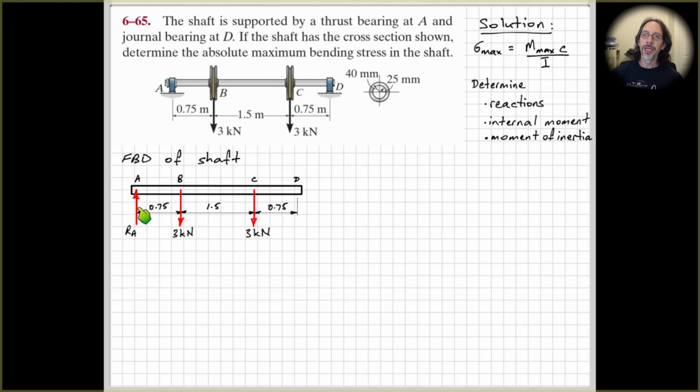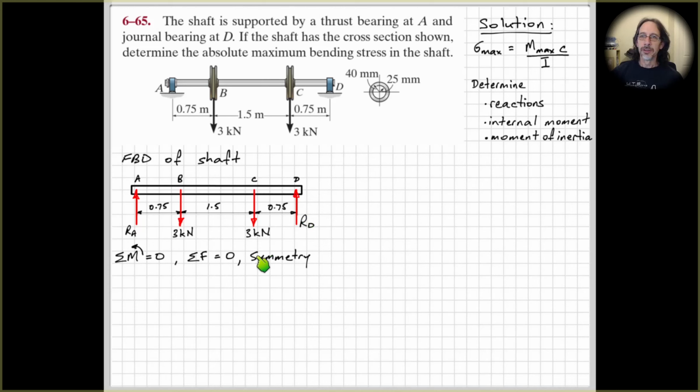We have a vertical reaction at A. If we take moments about point D, for example, these two 3 kilonewton forces tend to cause an anti-clockwise rotation about D, so therefore we need RA to be acting upwards, causing a clockwise rotation. And then RD, from the sum of the forces in the vertical direction being equal to 0, will be acting upwards.